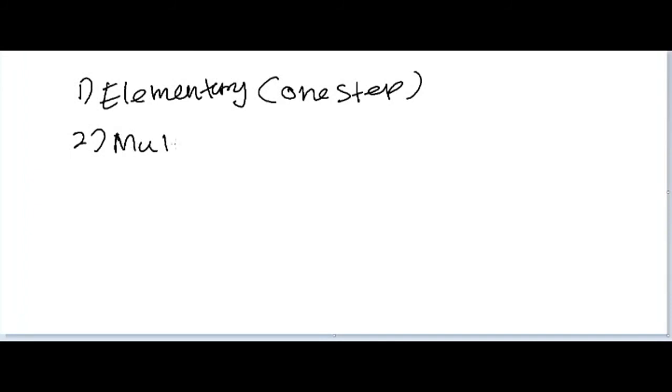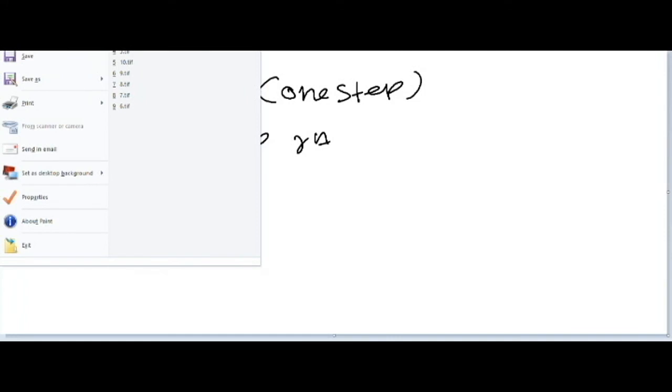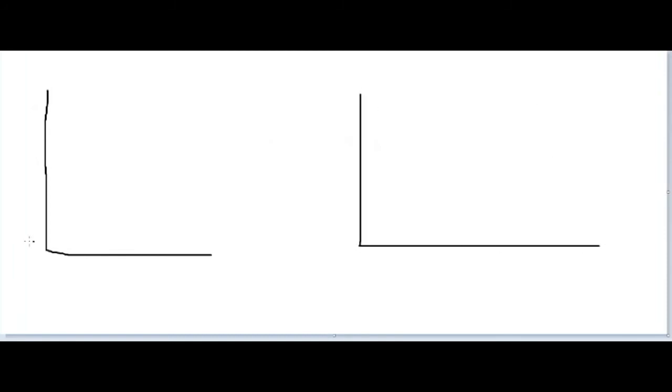The second one we call multi-step reaction. The major difference between elementary and multi-step reactions I will show using a graph. An elementary reaction may look like this, and a multi-step reaction like this.